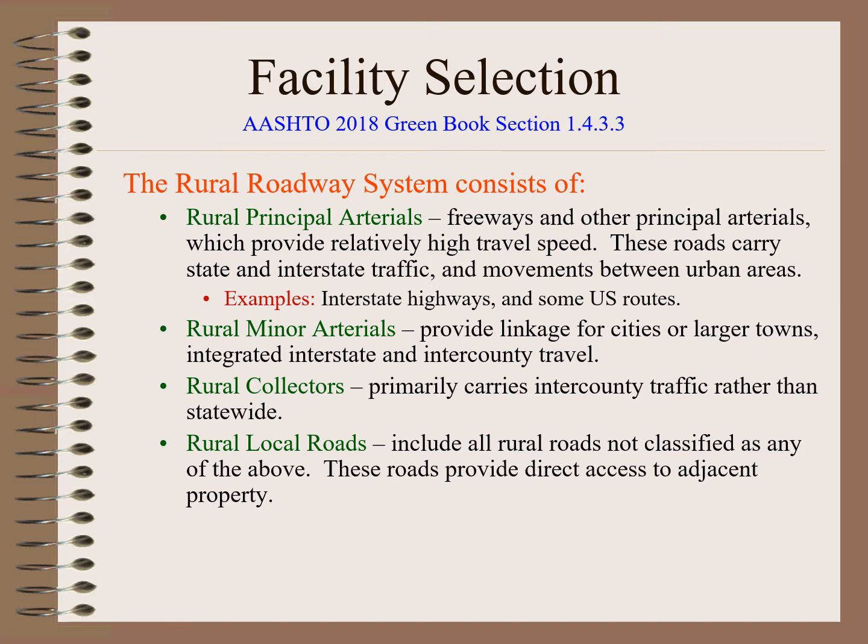So while the minor arterials might have been like a Missouri road, the rural collector is going to be basically a county road. Then you have your local roads, which include all the roads not classified as any of the things we've talked about and provide direct access to adjacent property.